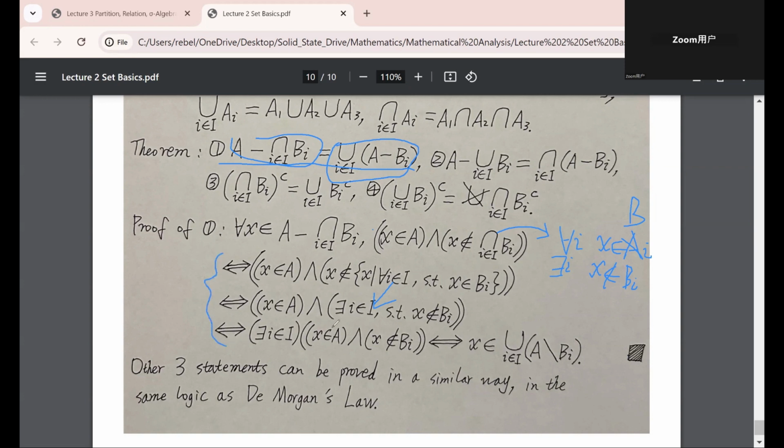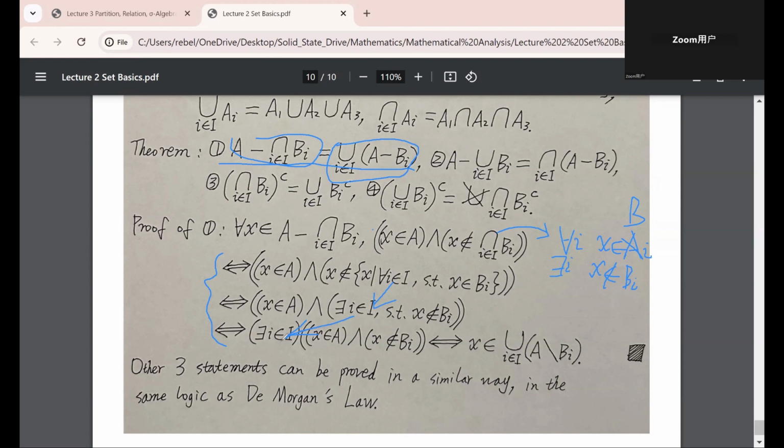And the last step, which is the most important one, I would say, is that we can put "there exists i belongs to I" to the front, and this is because of the commutativity of the logical operators.